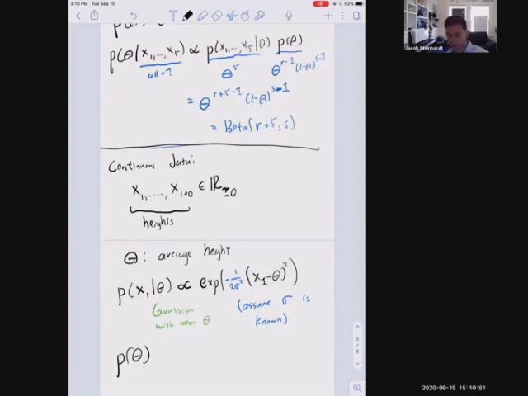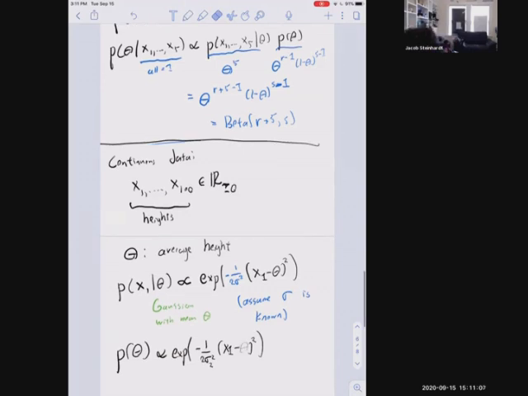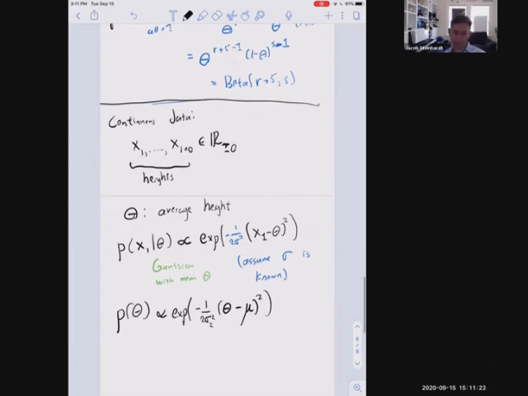So we could imagine that this is also Gaussian, with some other standard deviation, sigma 2, and some unknown mean mu. So that's a potential prior you could use, but we could have other priors as well.